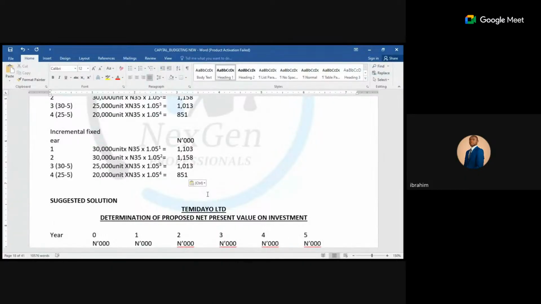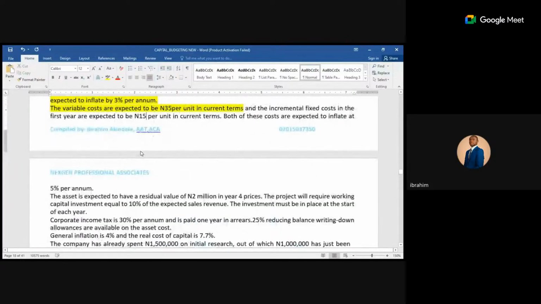Is this the same figure? Okay, what do we have here? 472.5. Okay, wait, I'm coming. Is it 450? I think it's 15 now. Okay, let's check now. It's 15.